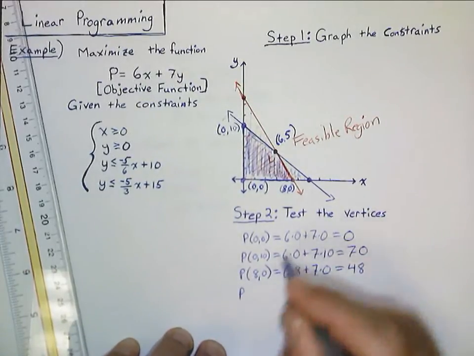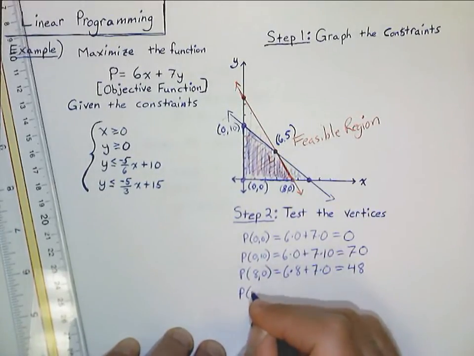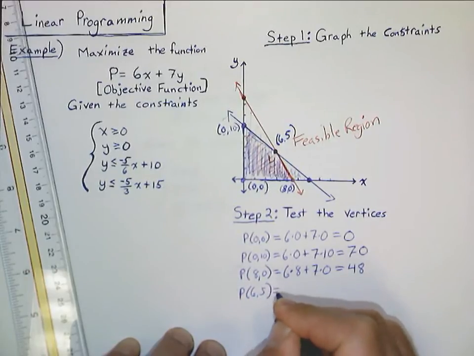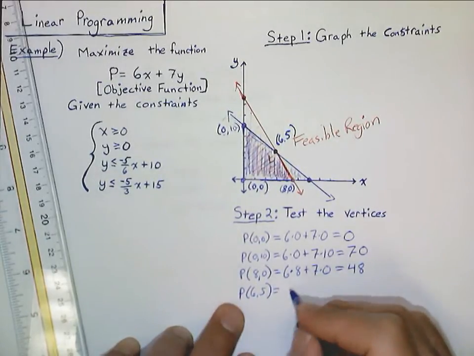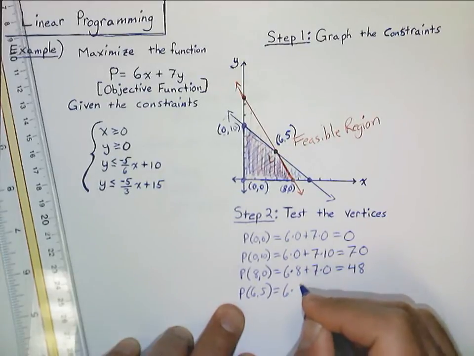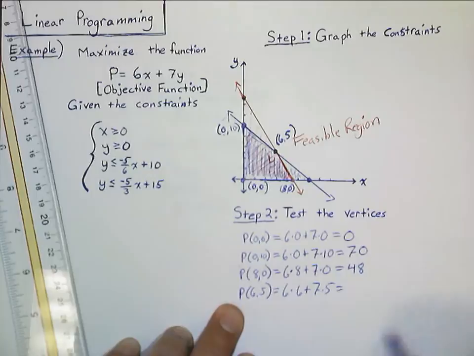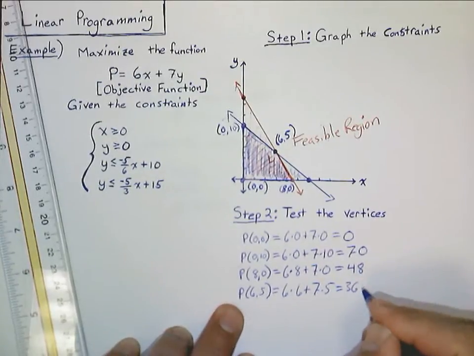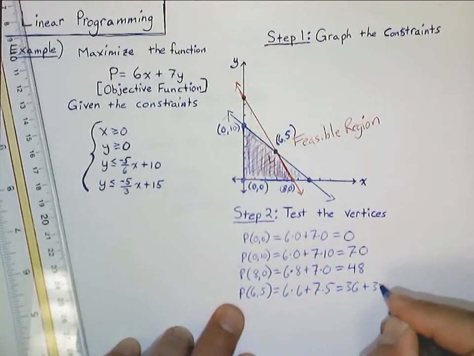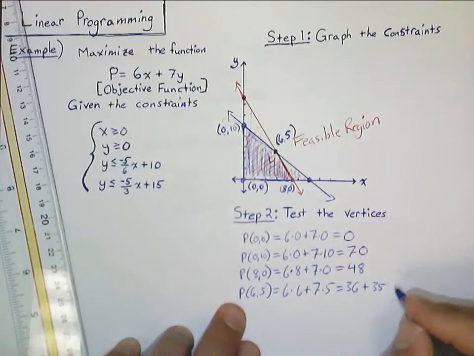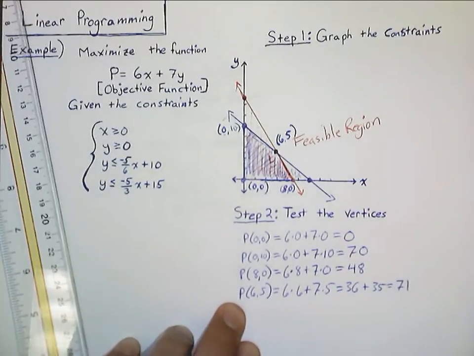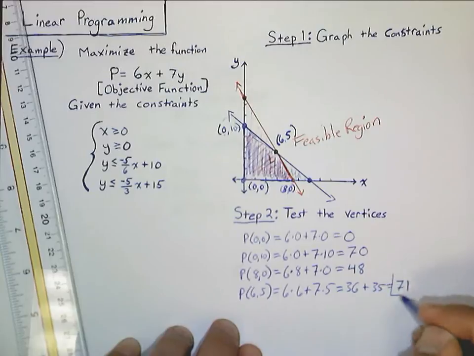And so finally we check this point (6, 5). That's going to be 6 times 6 plus 7 times 5. 6 times 6 is 36. 7 times 5 is 35. So this is going to be 71. And so that is our maximum value.